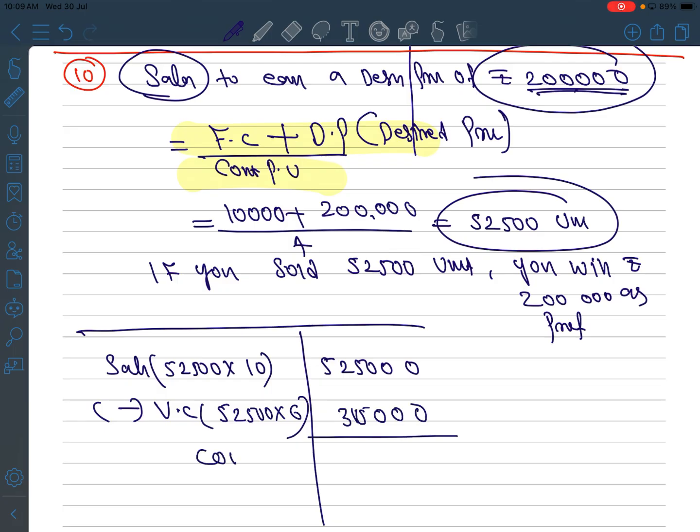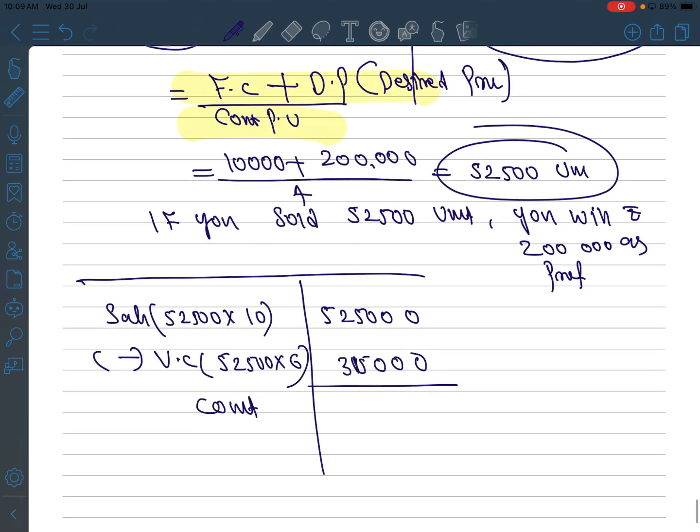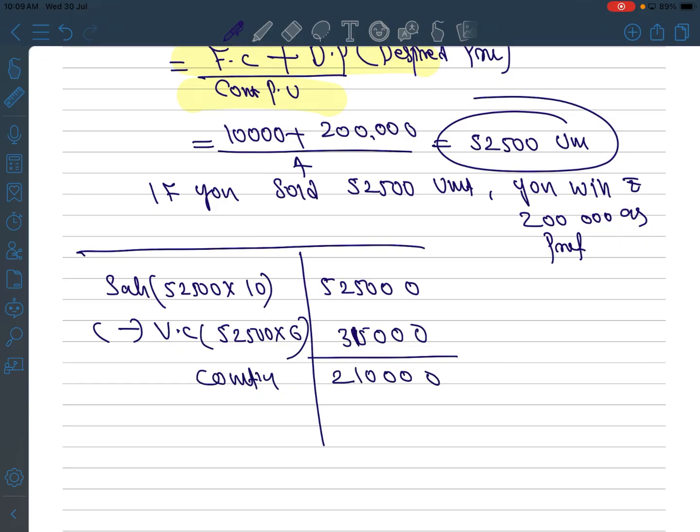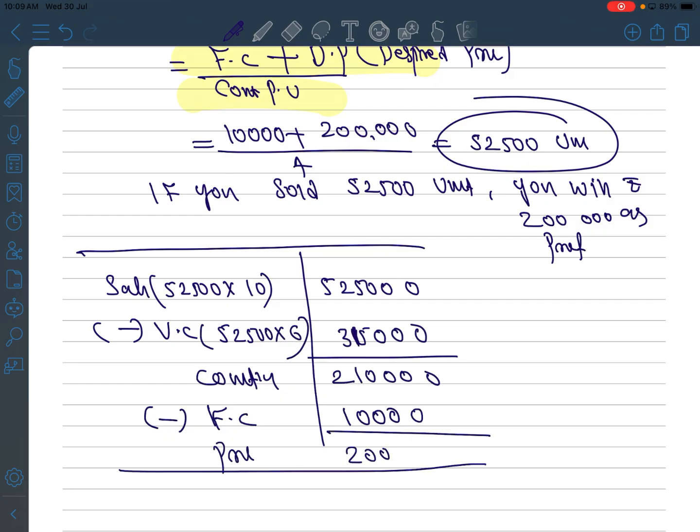So contribution is 2 lakh 10,000. Contribution minus fixed cost. The fixed cost is 10,000. So the profit will be 2 lakh. This is the proof. When you sell 52,500 units, you will get a profit of 2 lakh.